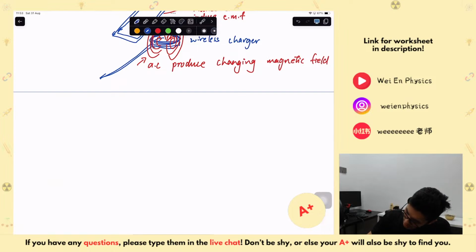Next we have specific heat capacity. Let's talk about that.